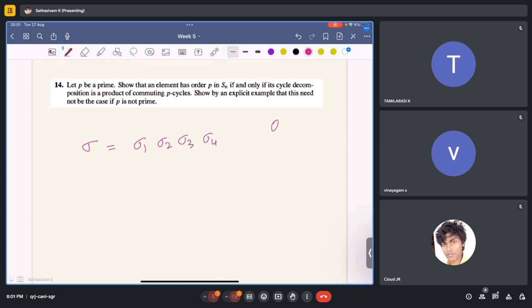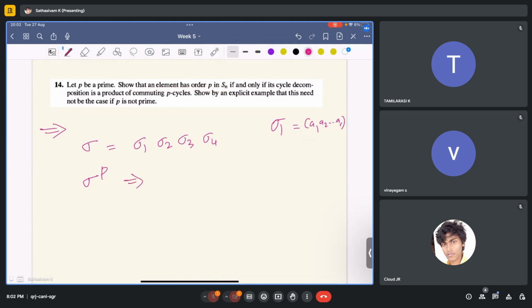So sigma 1 looks like a1, a2 up to ar, just one cycle. Now let's prove both directions. First we prove the statement: the order is p if and only if the cycle decomposition is a product of commuting p-cycles. We assume this element has order p in S_n.